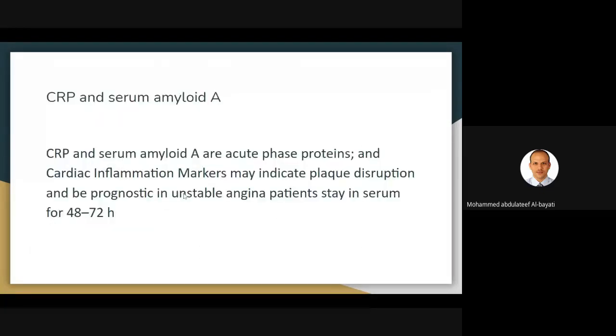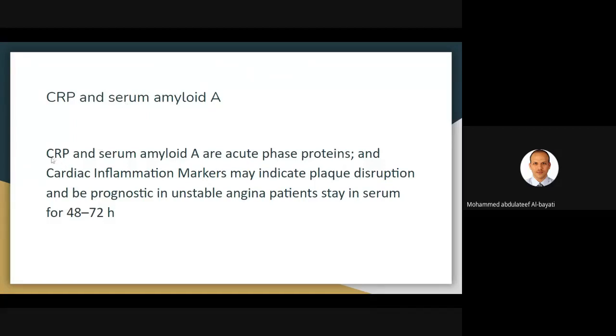We come now to the inflammatory biochemical markers concerned with the assessment of cardiac function. We have the C-reactive protein and serum amyloid A. Both are rapid acute phase reactants that increase after inflammatory onset.